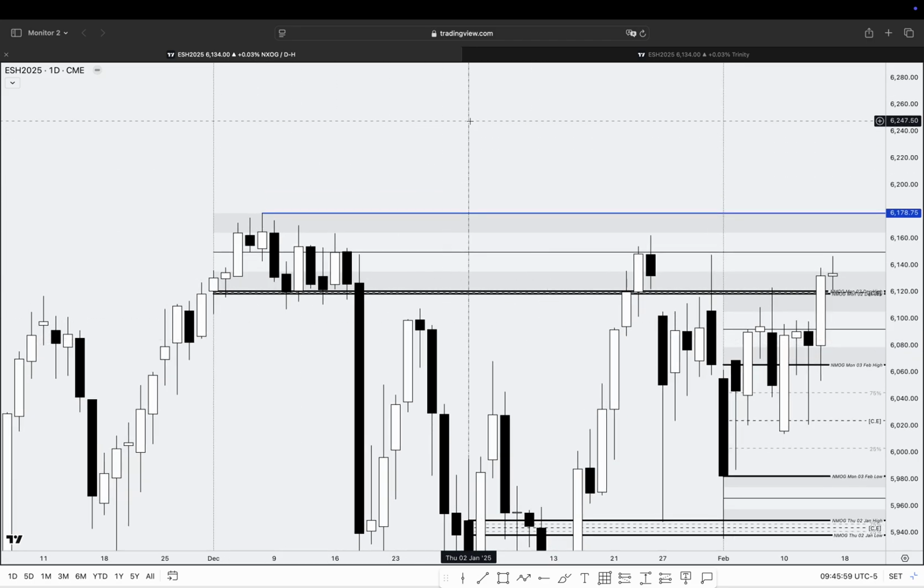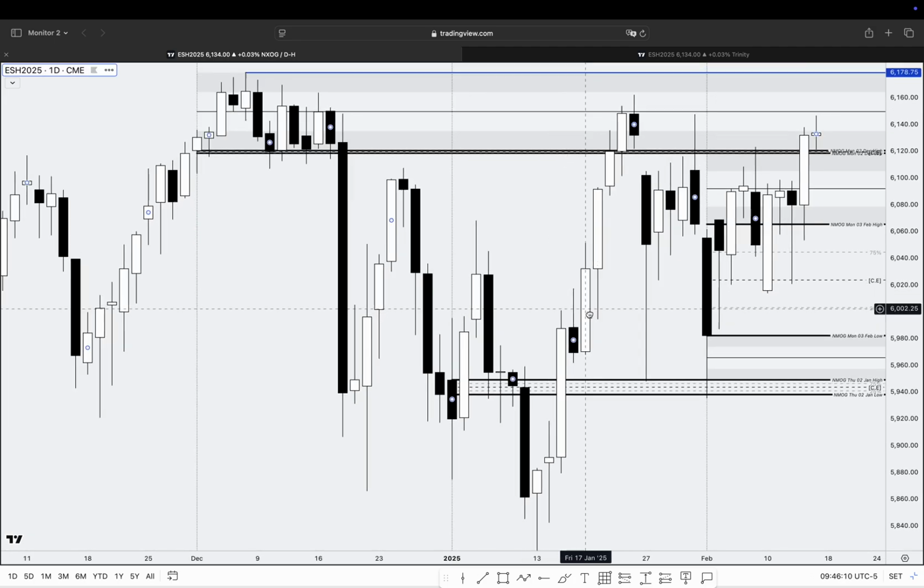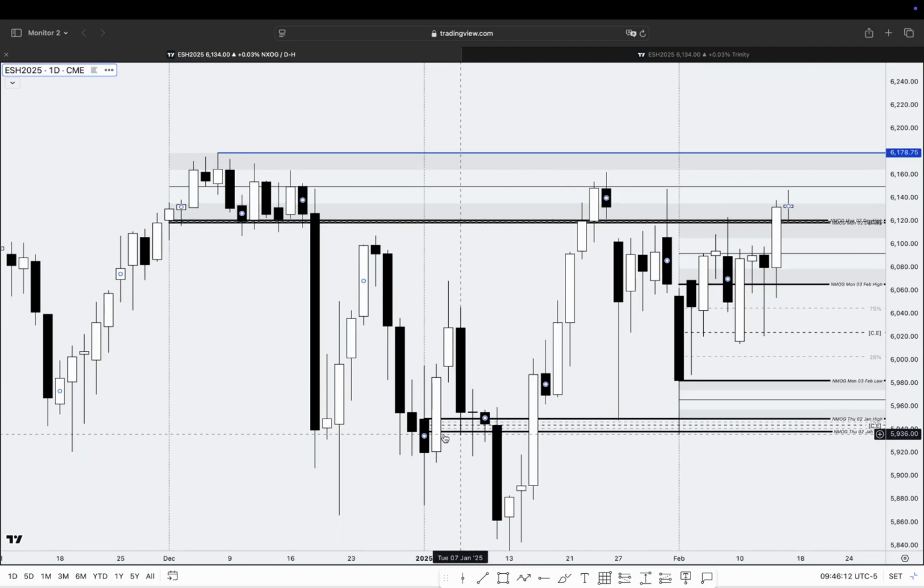So you are going to see how in lower time frames we are going to use other gaps to accumulate more. This is something really important because as you can see here in the daily chart, all gaps are areas where price accumulates more.